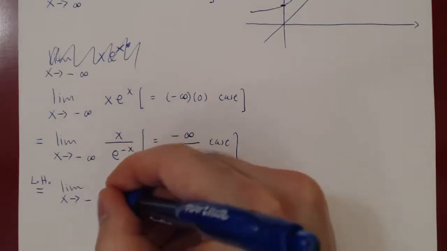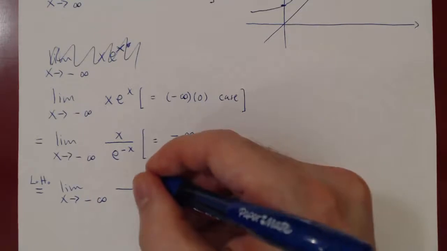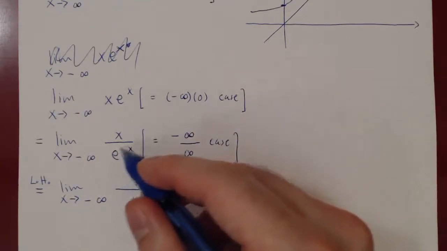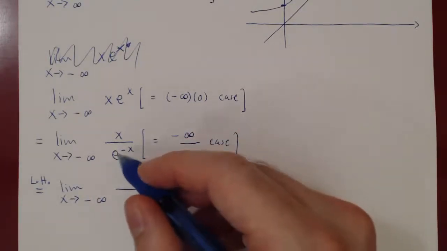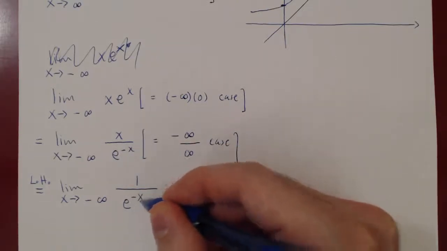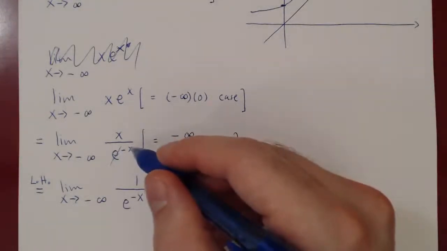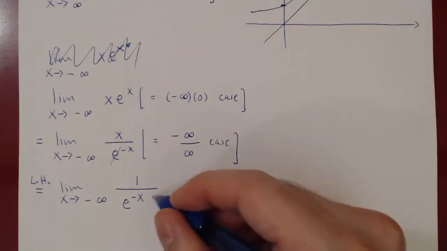The limit stays the same. Replacing x by its derivative, which is 1. The derivative of e to the negative x, by the chain rule, we get e to the negative x, coming from the derivative of the exponential function base e, times the derivative of negative x, which is negative 1.